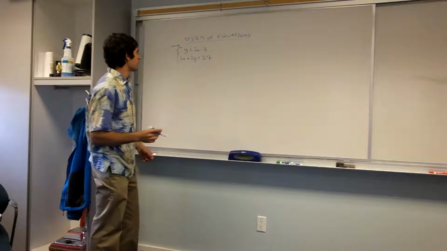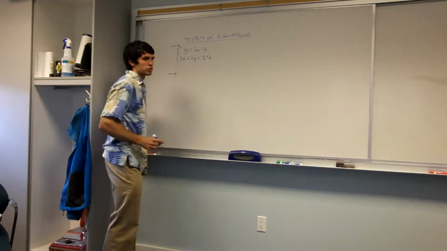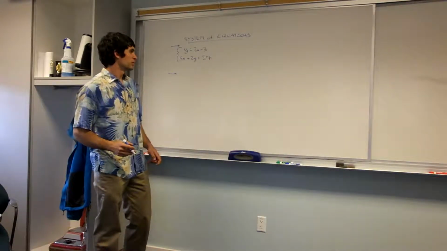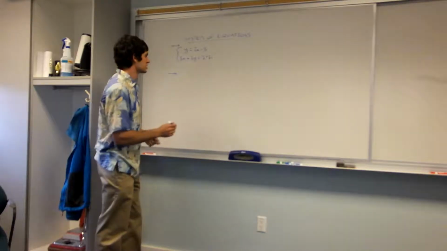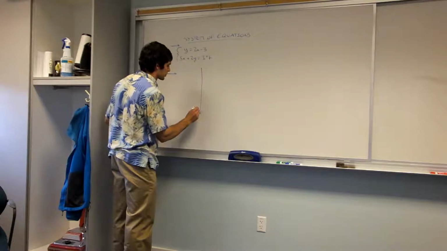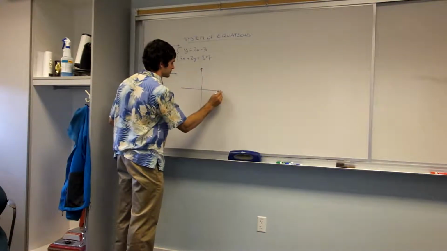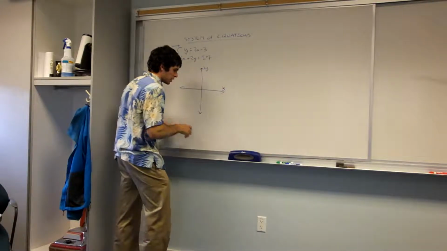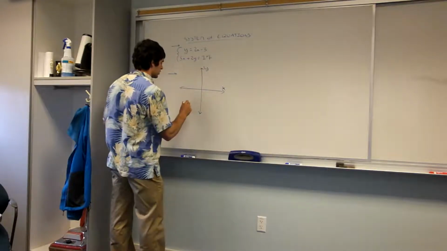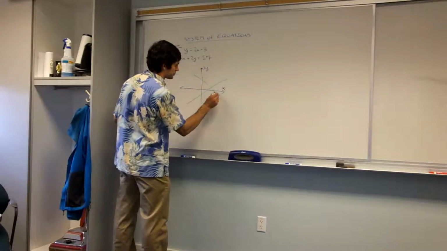We could also have another representation, which would be the graphical representation, where we're not necessarily given exact equations, but we're given a picture that could look something like that.